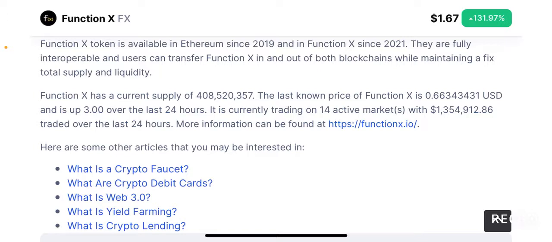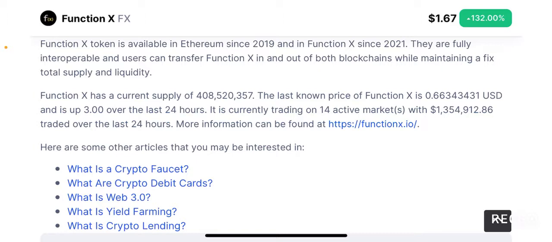And they're also trying to maintain a fixed total supply and liquidity, which is one of the key unique things that they're doing as a part of their platform, because as a blockchain token, many tokens don't really have a max supply or a fixed liquidity specifically, and it's available in some big exchanges and mostly some small exchanges as well.